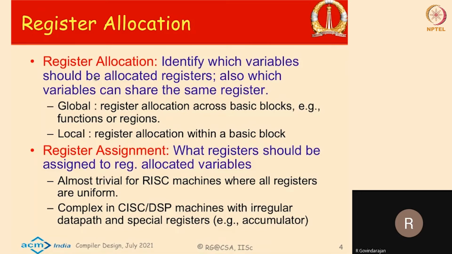And if it is there in memory, and if it is a RISC machine, you have to move it into a register and then perform the operation. So that already incurs one load operation and then a store, right? So variables which are in registers can be accessed faster compared to variables which are in memory. And that is why register allocation becomes important.